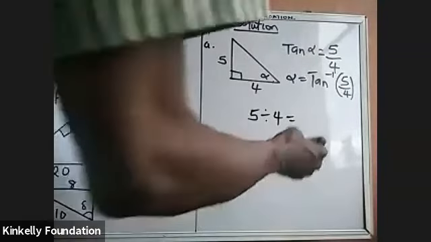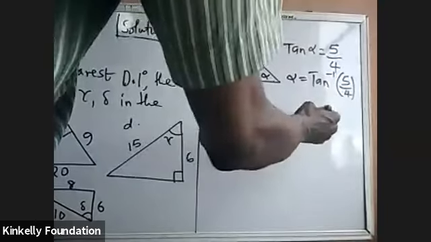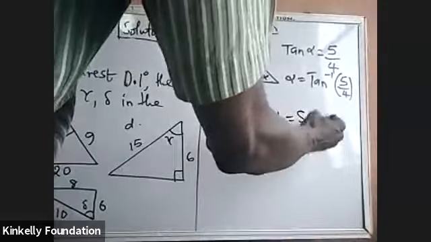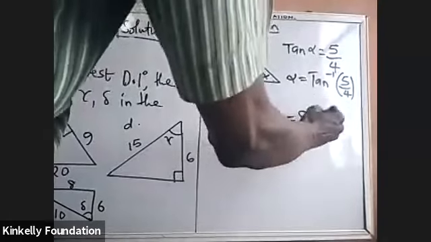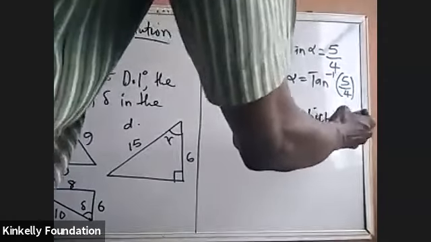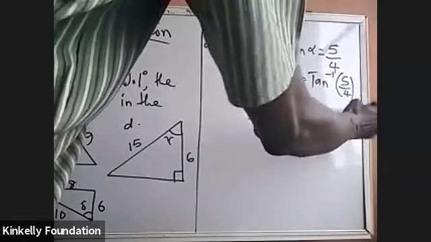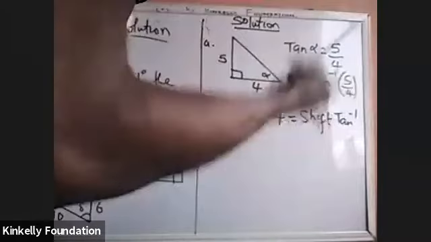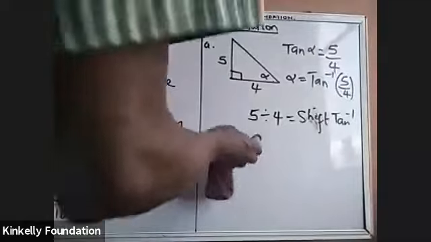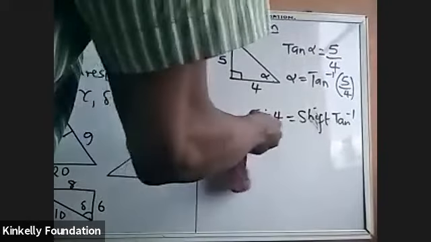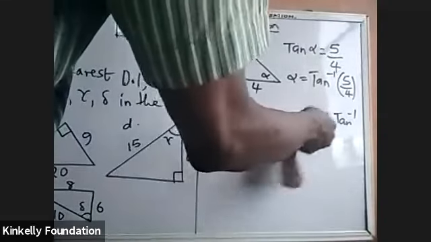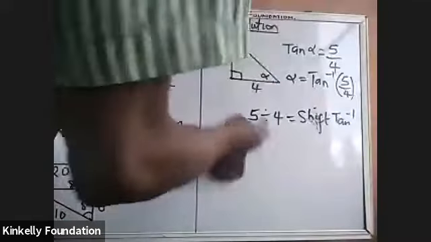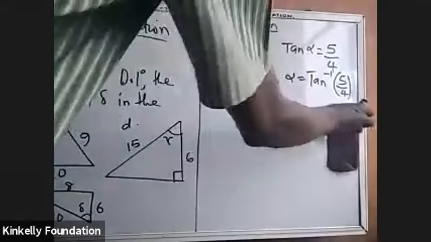When you press equal to, then press shift tan inverse of that. It will give it to you.